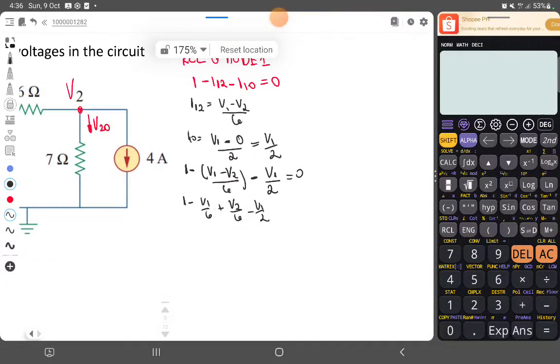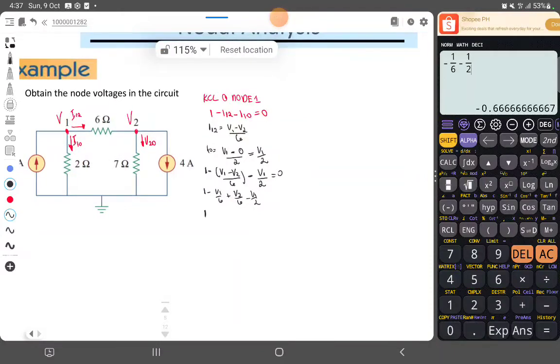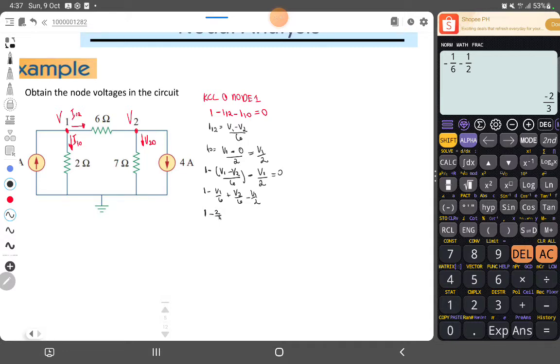So from this I will have 1, minus 1 over 6 minus 1 half, so from here I will have negative 2 over 3 V1, in which I combine the like terms, plus V2 all over 6 is equal to 0.